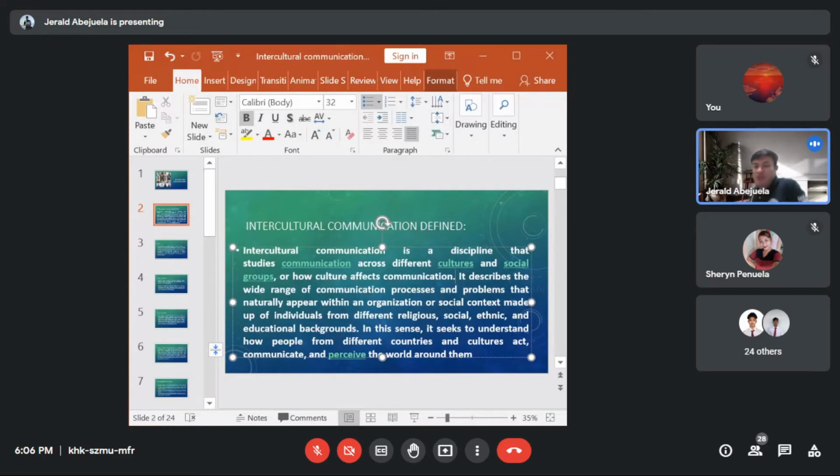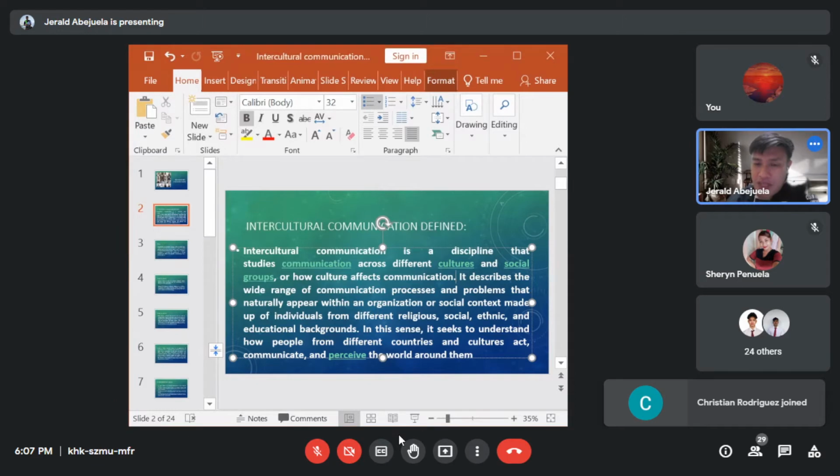But intercultural communication is telling us that despite the so many differences, despite the diversity of one's culture, we should and we shall communicate. So ibig sabihin, is it possible that communication or successful communication takes place even if the culture of the communicators involved are different?